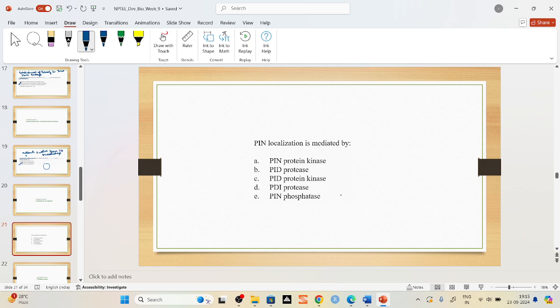These PIN proteins are involved in the transport of auxin.